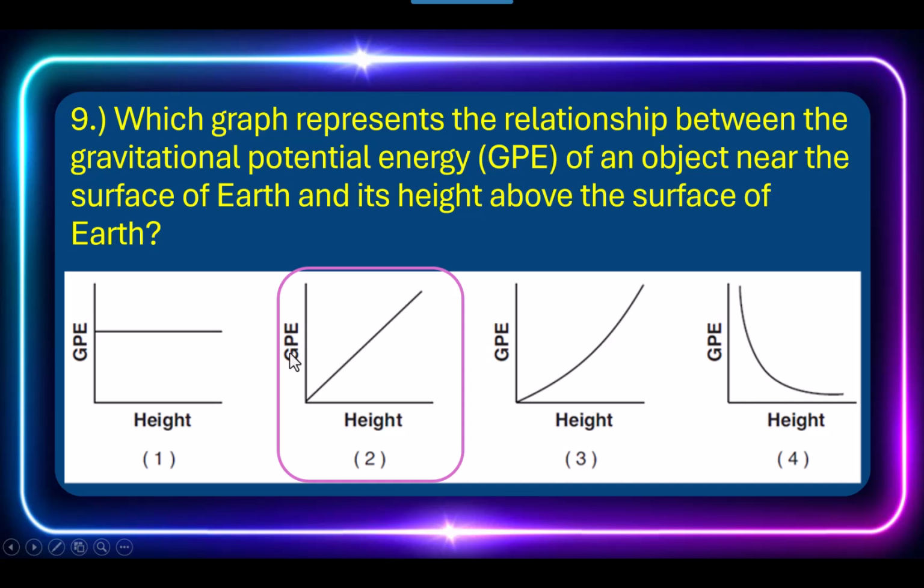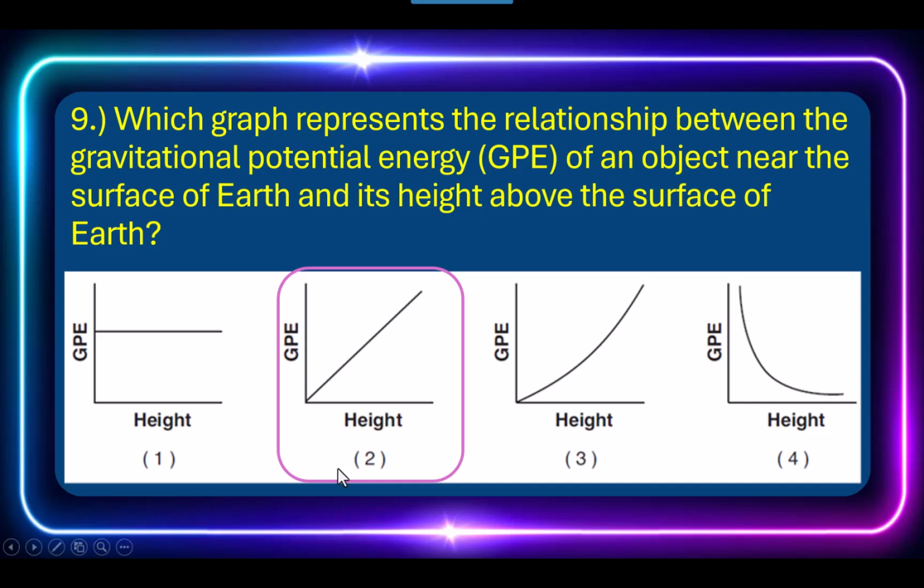The gravitational potential energy and height from the equation GPE equals mgh, or mass times the acceleration due to gravity times the height of an object, shows that it is a direct proportional relationship. As you increase the height, you directly increase the gravitational potential energy. If you double the height, you double the GPE.